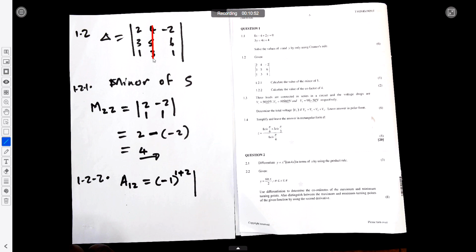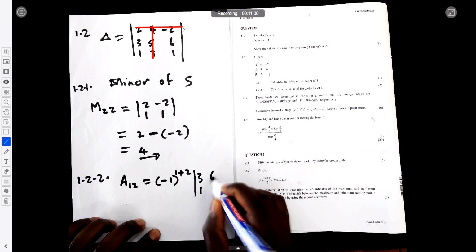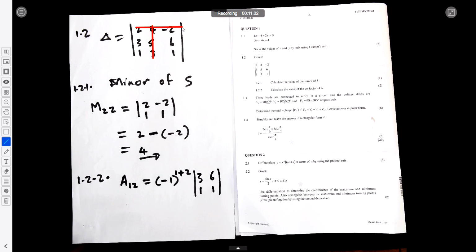We eliminate vertically and horizontally from element 4. The remaining elements are 3, 1, 6, and 1. That is the minor of 4.